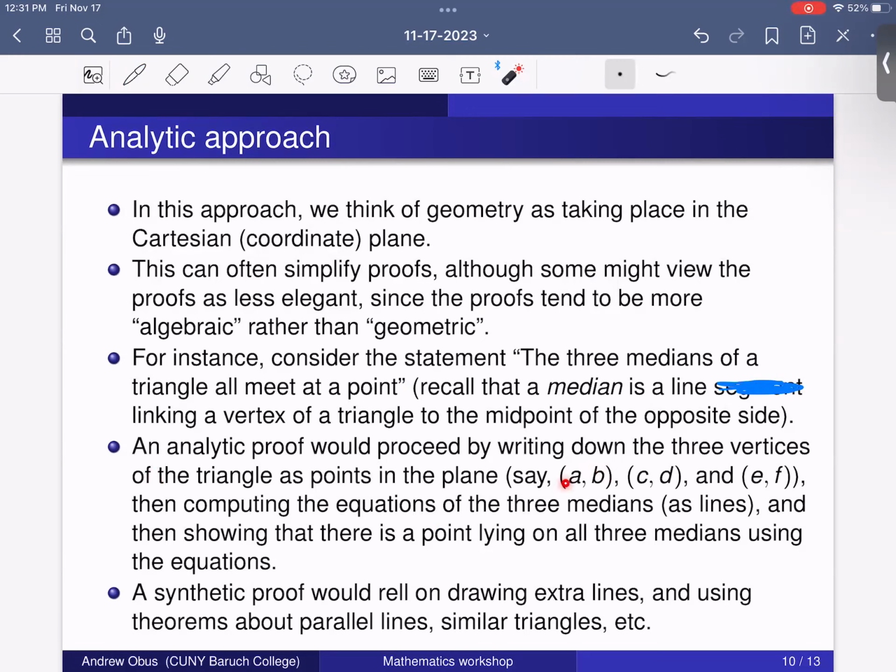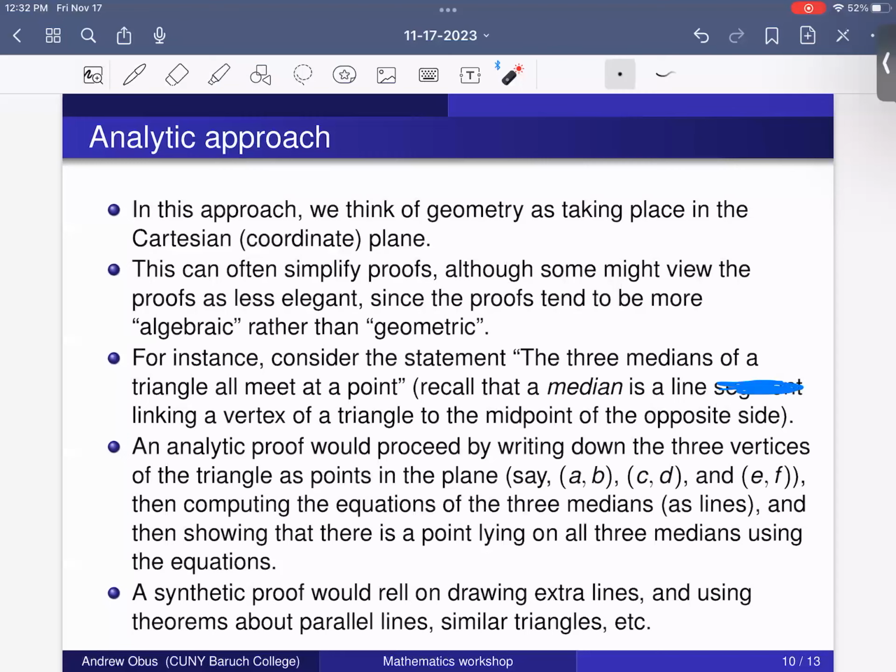Let's say one is at the point (A, B), one is at the point (C, D), and one is at the point (E, F). And then you could say, well, if I know what these 3 points are, then I can calculate the midpoints of the sides, and then I can calculate the equations of the lines that go from the vertex to the midpoint. And if I have all these 3 equations, I can calculate that there's going to be some point where they all intersect. Okay, that would be the analytic proof.